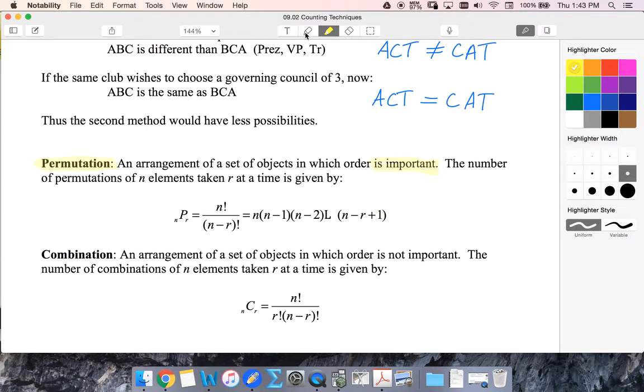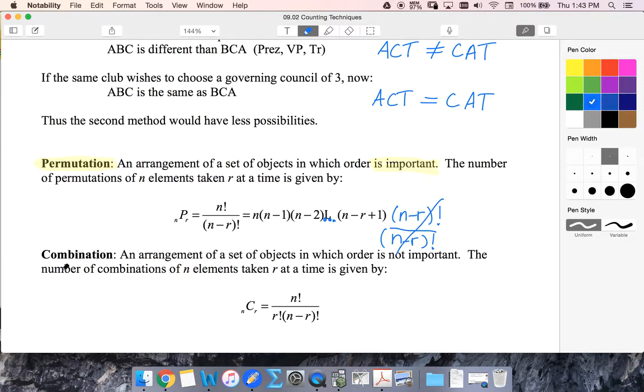What that ends up being is we start with n, n minus 1, n minus 2, and we would keep going until we get n minus r plus 1. And then the next term would be our n minus r factorial. But because we're dividing by n minus r factorial, that bit cancels out.